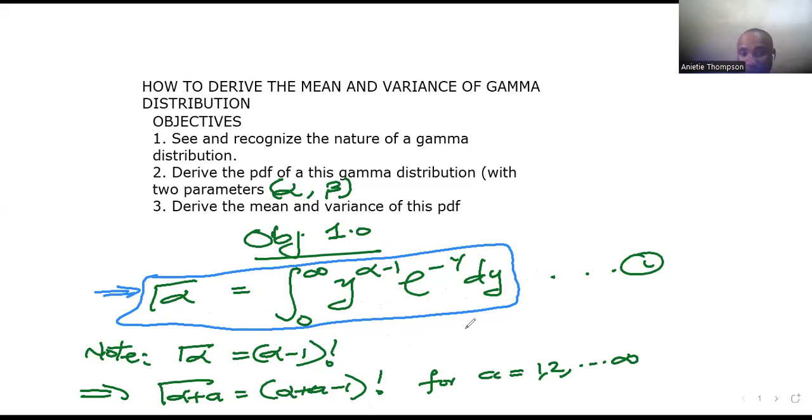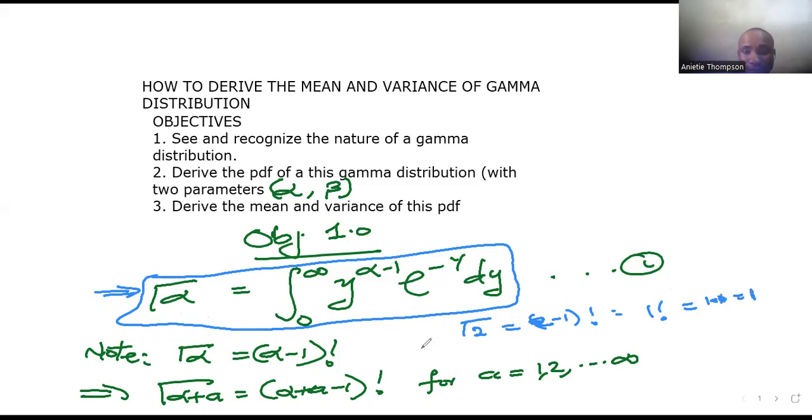So if I have gamma of 2, this is 2 minus 1 factorial, that is 1 factorial, which is equal to 1.